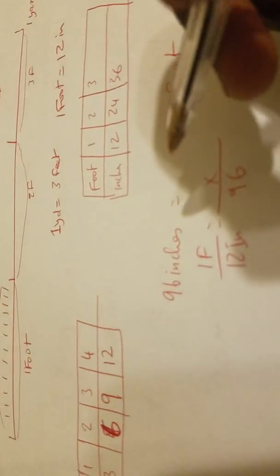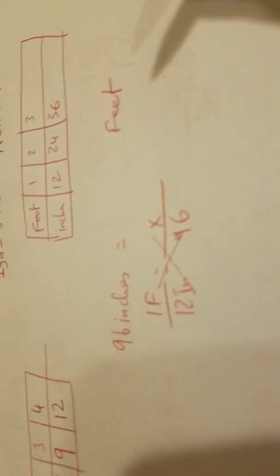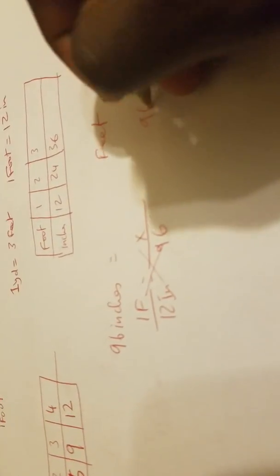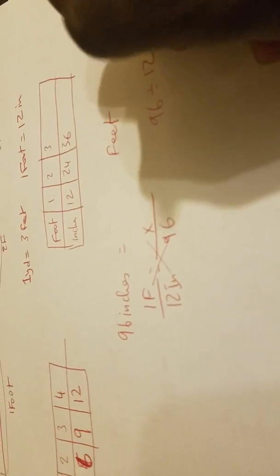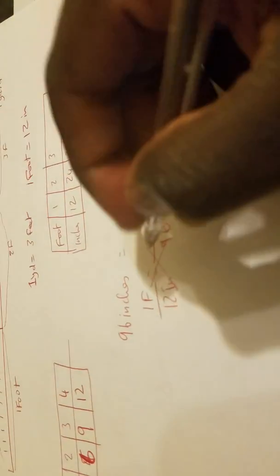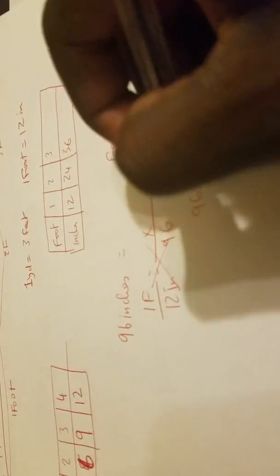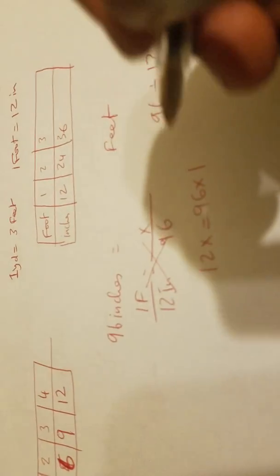So it's going to be 96 times 1, cross multiply. There are many ways you can do it. 96 times 1 is 96, then 96 divided by 12. Or I can do it like the equation, 96 times 1 is equal to 12 times x, right? Then I divide by 12 on both sides.